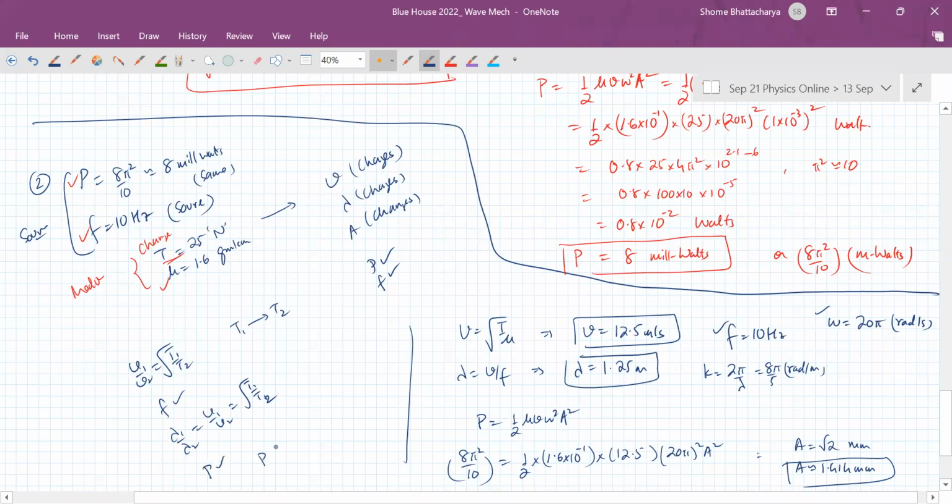So power is proportional to V into A square. So A1 by A2 squared will become V2 by V1. Which is square root of T2 by T1.